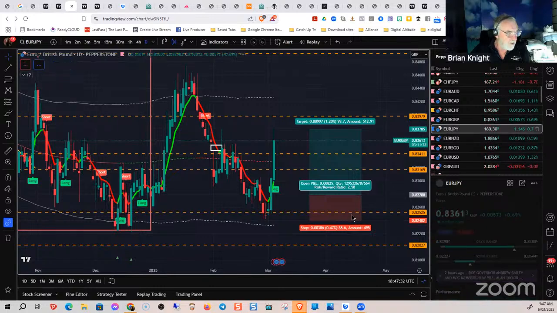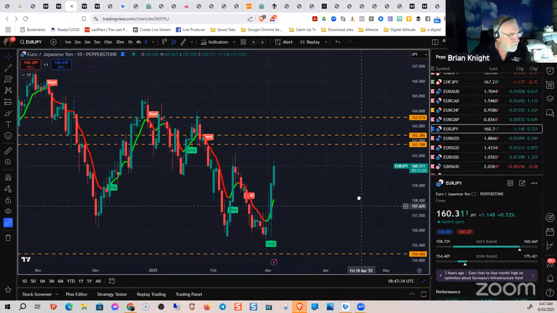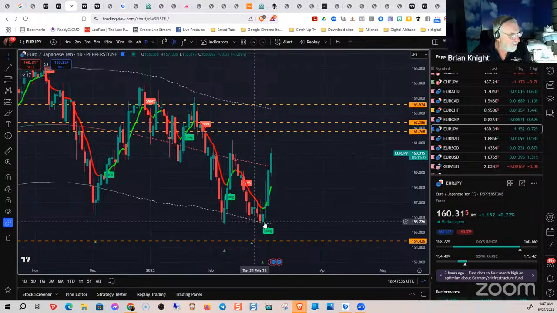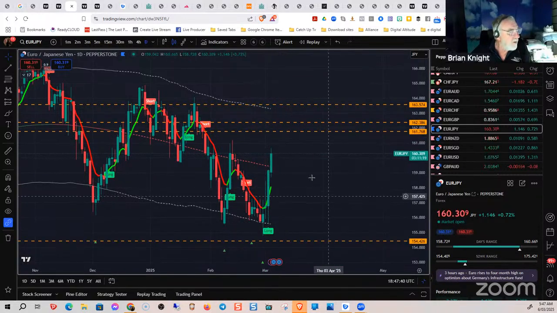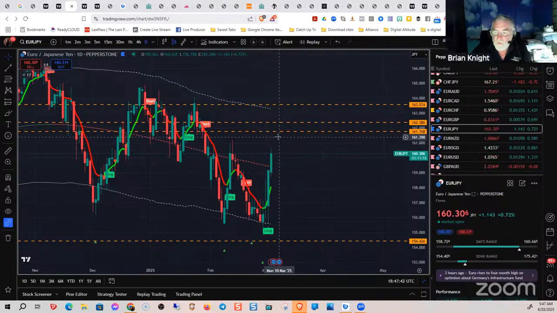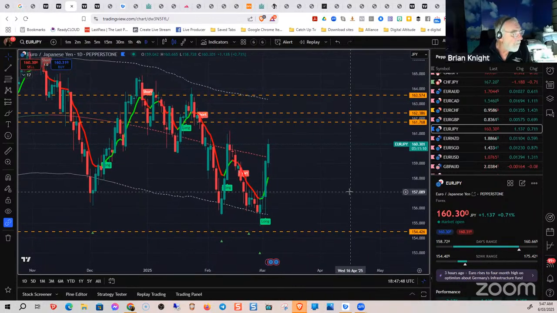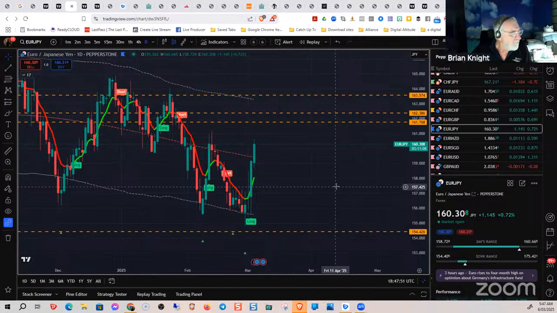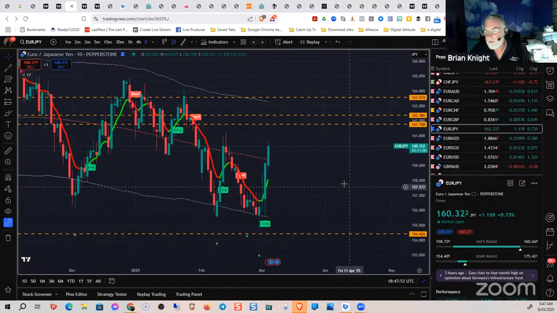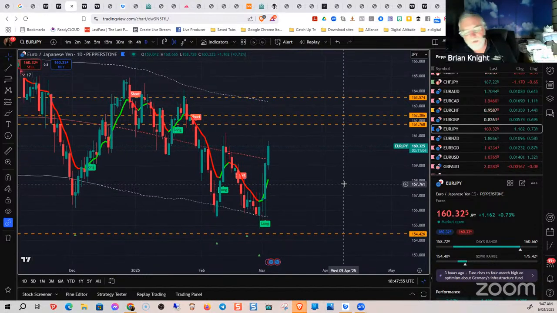So Euro JPY, this one's been a zinger at the moment. I got in on that long somewhere here and it hasn't quite made the three-quarter, but I've got a profit set for three-quarter and one for the outside of the rail. So we'll just see what happens. As I said, USD Singapore has been a loss for me.